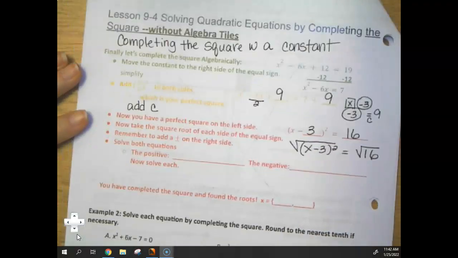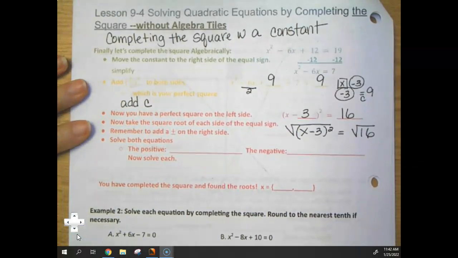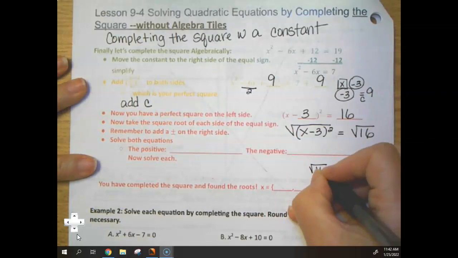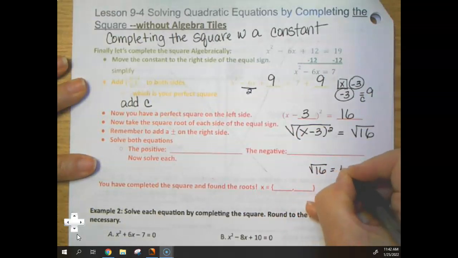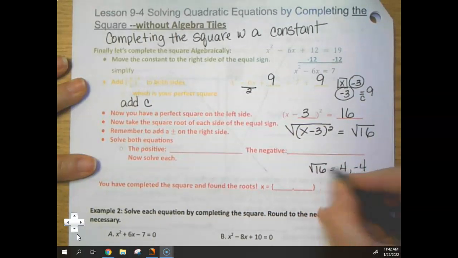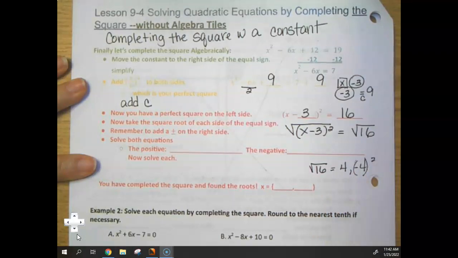Now, before I go over that, I just want you to know, anytime you have a square root of a number like 16, your solution is either 4 or negative 4, because 4 squared is 16, and negative 4 squared is also 16.